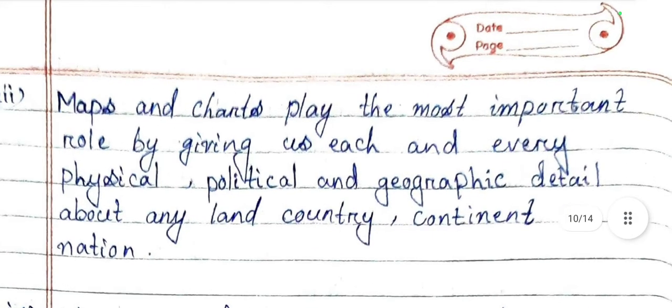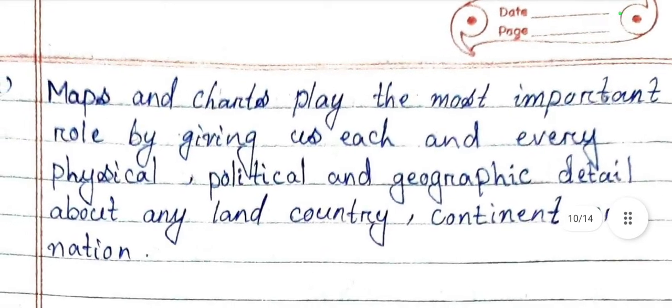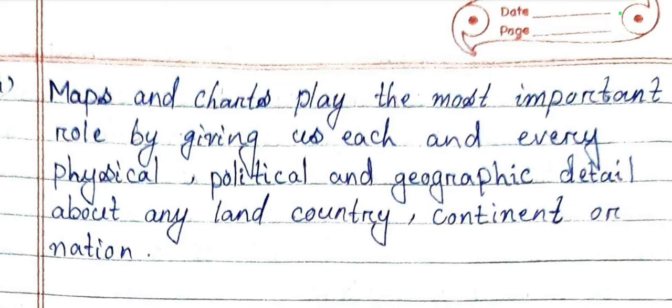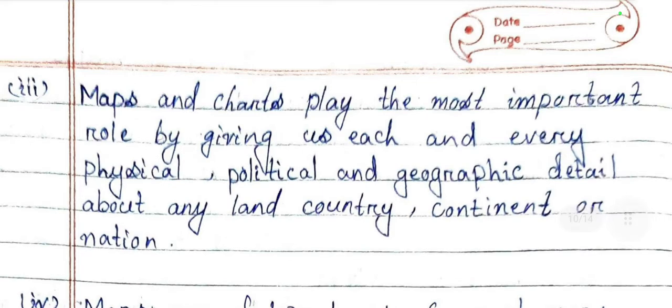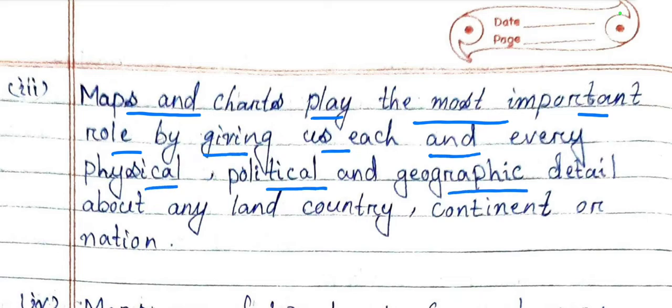Then next question, next point, maps and charts play the most important role by giving us each and every physical, political and geographical detail about any land, country, continent or nation.